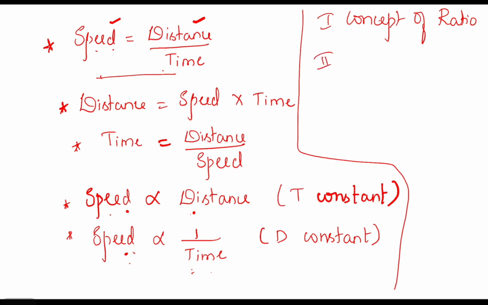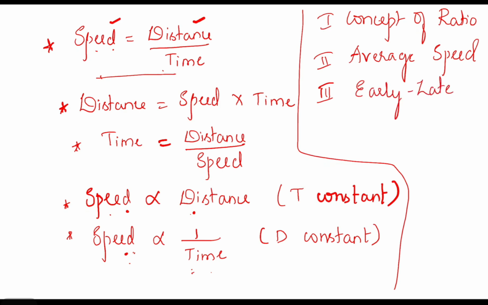Next, average speed. How to find out problems in which average speed concept is involved, and how to solve in very few seconds the problems having average speed concept. Then we have early and late concept.